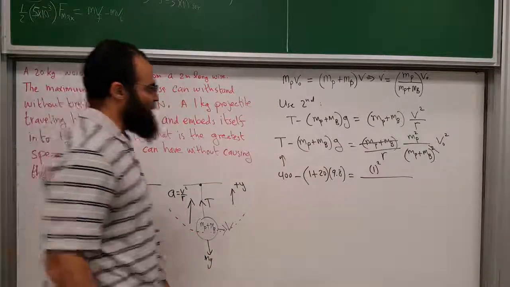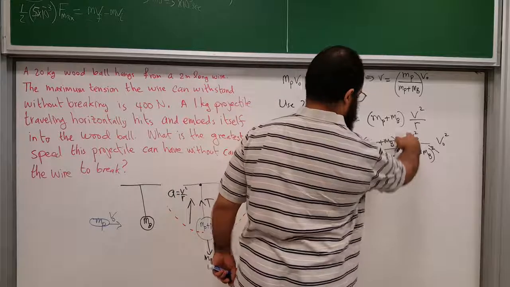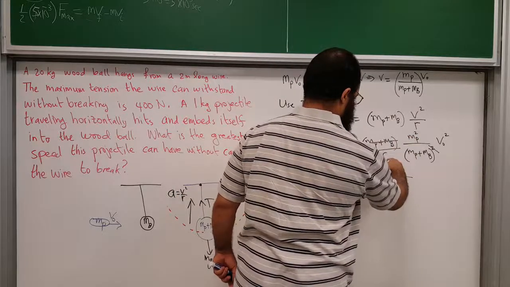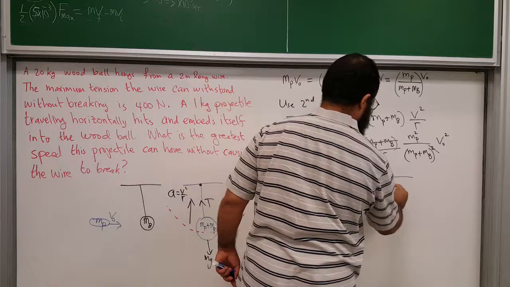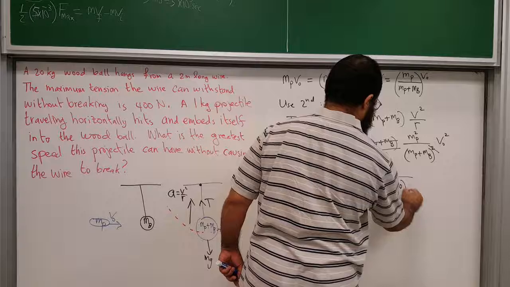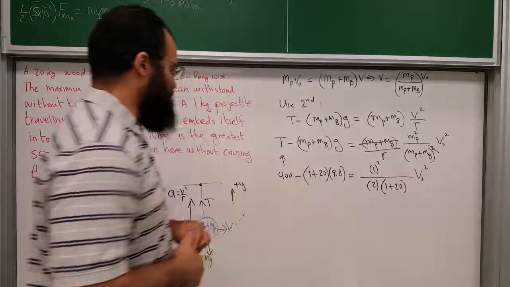So I took care of this, and I need to take care of this one. The mass of the projectile again is 1, the block is 20, and then v initial squared. So we need to find what v initial is.